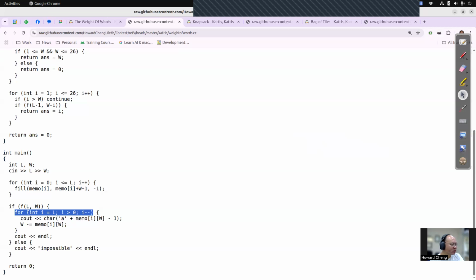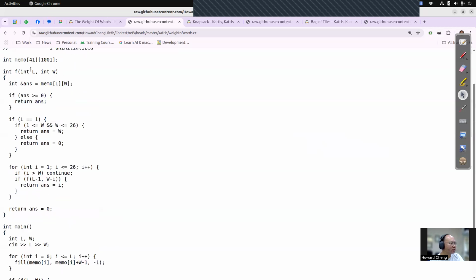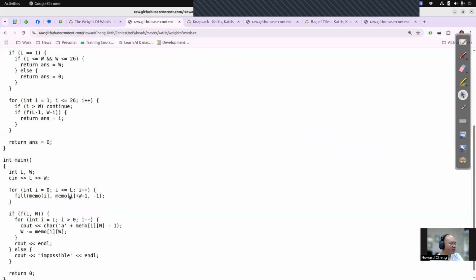So for some reason, I decide to go backwards. But anyway, I look at the value of the table. I go backwards because that's how my recursion works for L and W, because I always go back 1 at a time. So that's why.